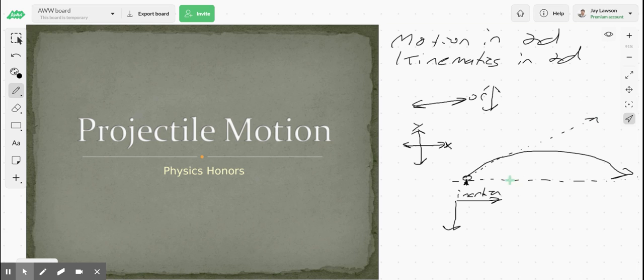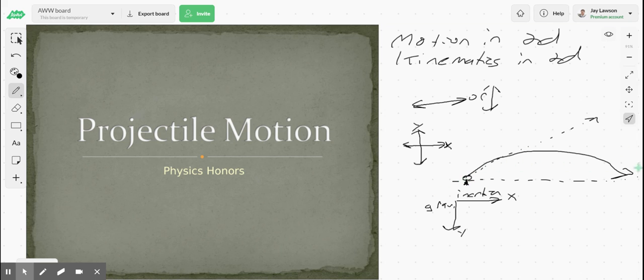It would just continue in a linear fashion. But that's not true on Earth. Why not? Because we have another component that's constantly acting down, a gravity component. So in the x direction, we have inertia, and in the y direction, we have gravity. And both of these are acting at the exact same time, and that's what creates this parabolic path.